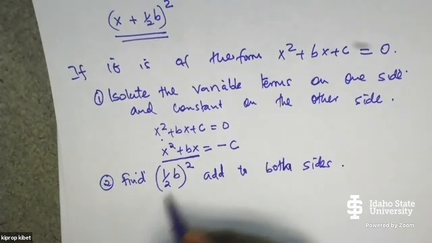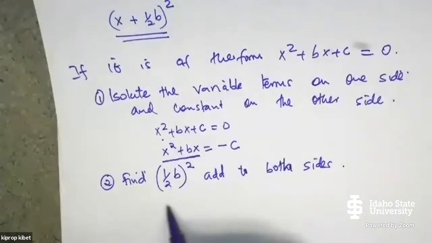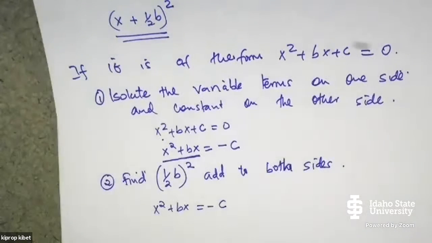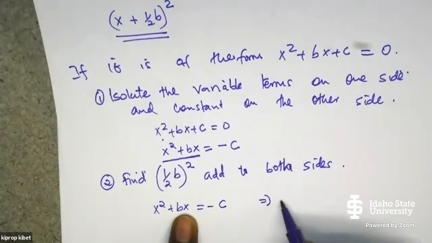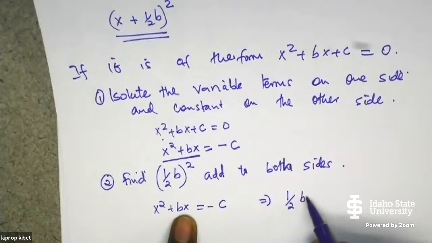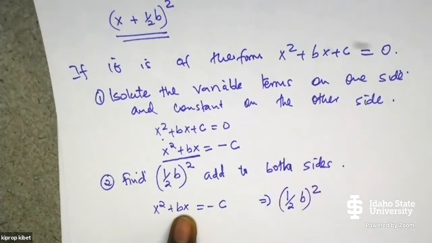So here we have our b. x squared plus bx equals minus c, and our b we get from the coefficient of x. We get half of b, and then we square it.